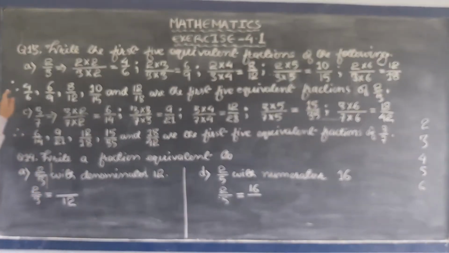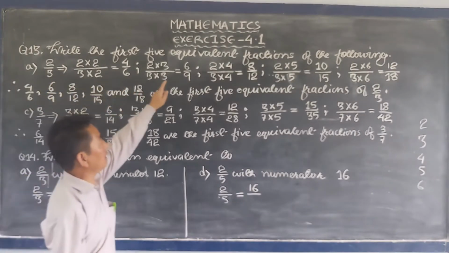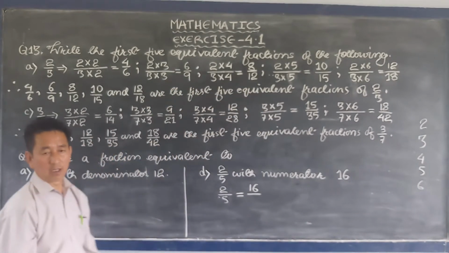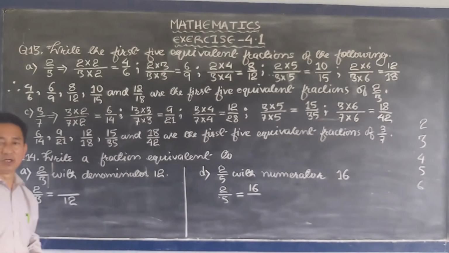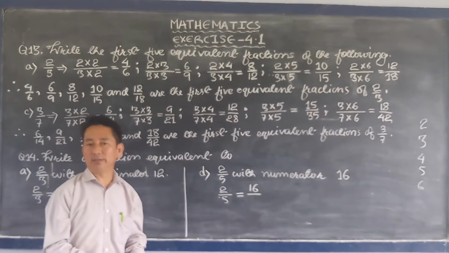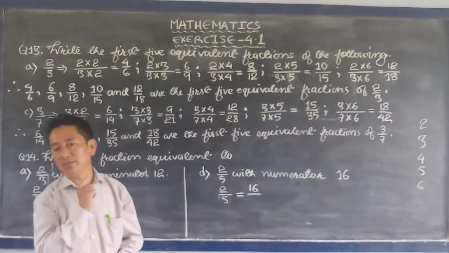Here question number 13: write the first 5 equivalent fractions of the following. When we are finding the equivalent fraction, we have to multiply the numerator and denominator of the fraction by the same number.